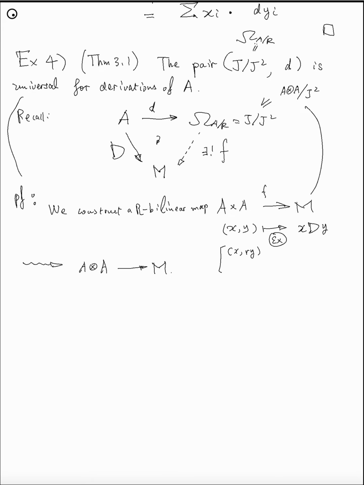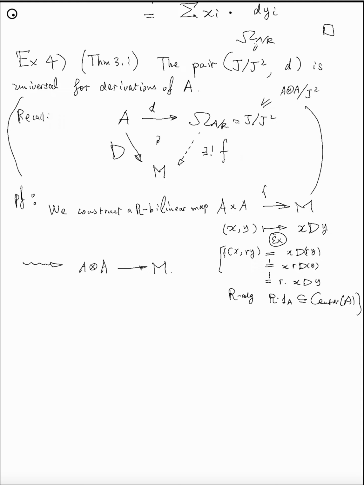Let's call this F. By definition, this is x d of ry, and so this is x r dy plus y dr. But dr is 0, so only one term is left, and this is also r times x dy. The reason is that, by definition of R-algebra, the image of R is in the center of A, right?